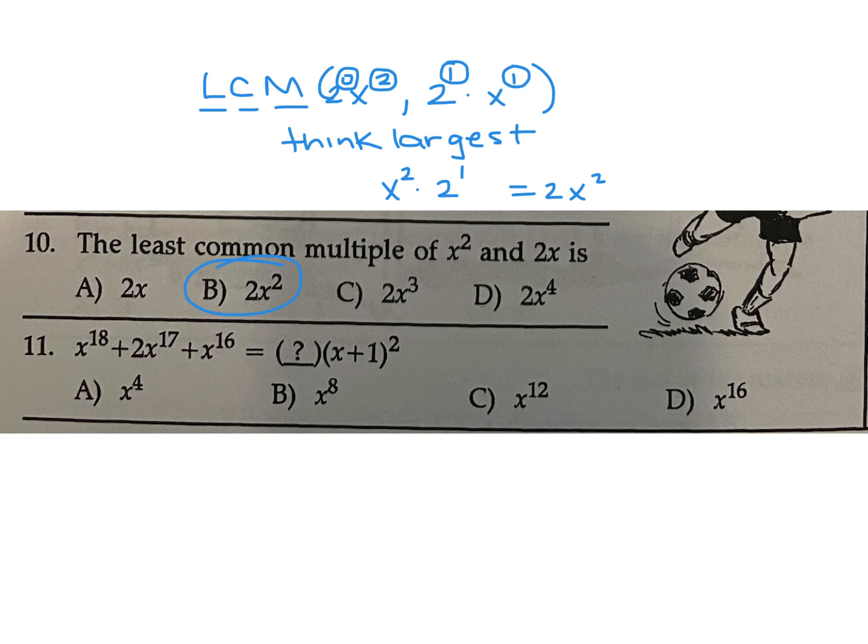x to the power of 18 plus 2 times x to the 17 plus x to the power of 16 is equal to what? Okay, well, let's see here. First, I'd factor out the x to the 16. That's going to give me x squared plus 2x plus 1. Is that right? I think so.